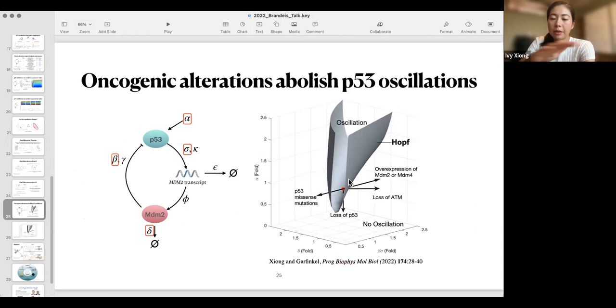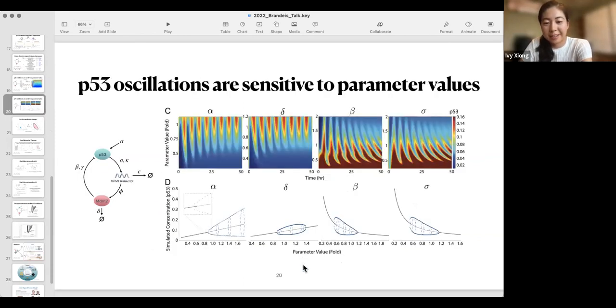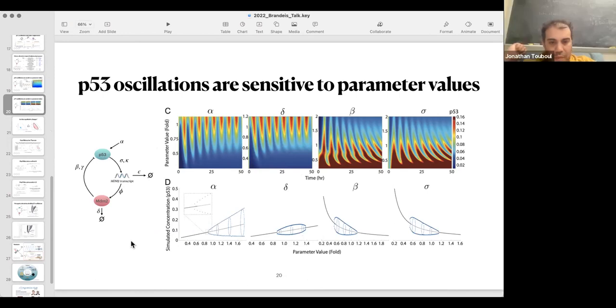If you take cross sections of this isosurface, it is not going to infinity. We call it the Goldilocks effect: you have to be somehow in the sweet spot to have the oscillation. And one thing that keeps the system in check is that p53 does not oscillate on its own. It needs activation signals, so ATM in response to DNA damage would come in, ATR as well. So it's not spontaneous.